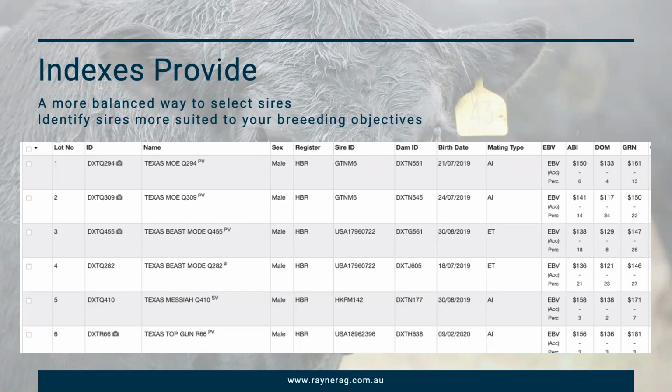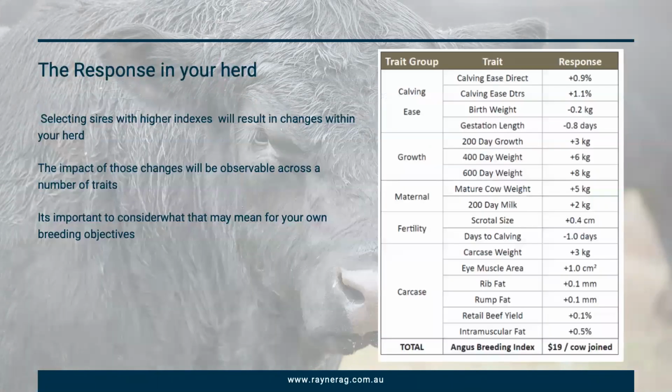The thing with indexes is that once you actually start using them, and this again comes from Angus Australia, but here's an example that we know, given the amount of data that's been recorded by the Angus Society and Angus breeders, is that if you were to use an animal that was above the average for that index, you would start to see an improvement in calving ease, an improvement in your calving ease in your replacement heifers, a reduction in birth weight, a shortening of gestation length.